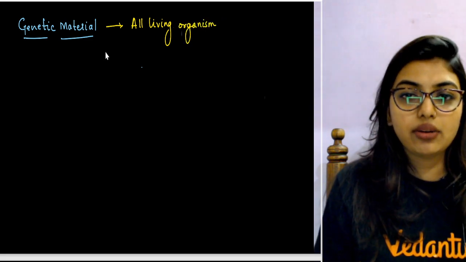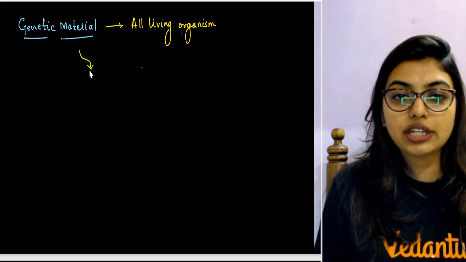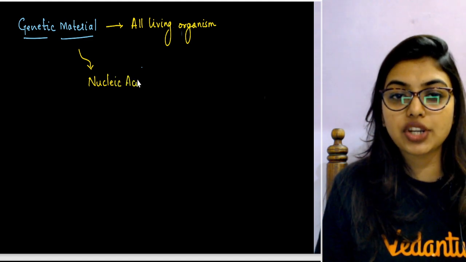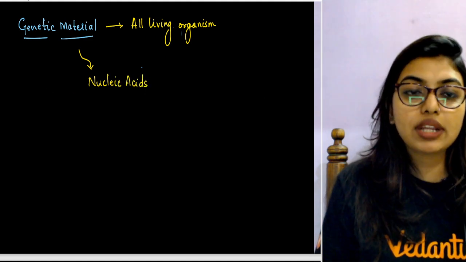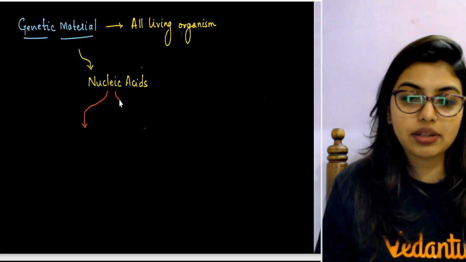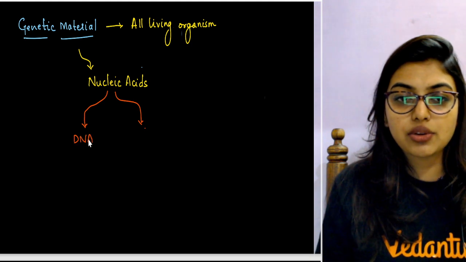Got it? Now, what is the next topic, ma'am? When we talk about genetic material, we have to talk about nucleic acids, because nucleic acids are the ones forming this genetic material. Yes or no? So nucleic acids, students, are of two types, just two types. One is your DNA, one is your RNA.